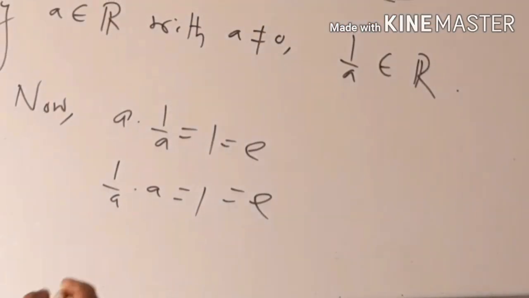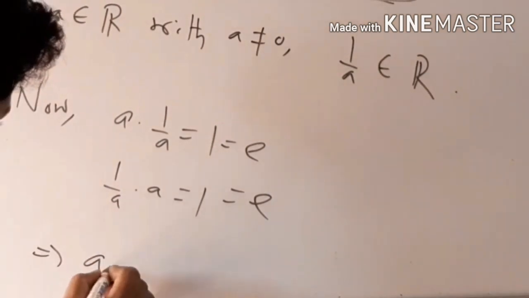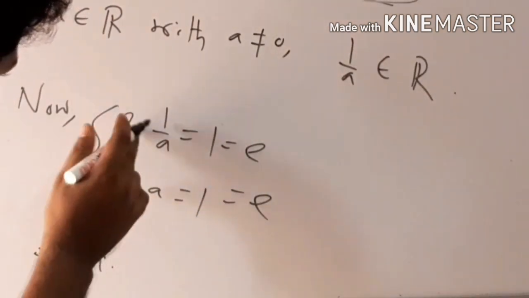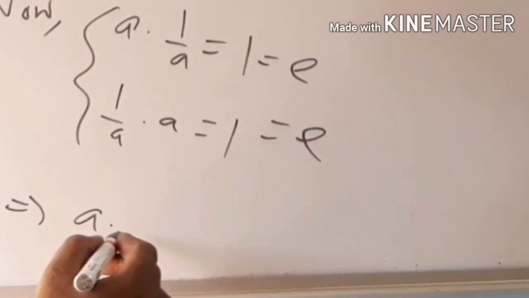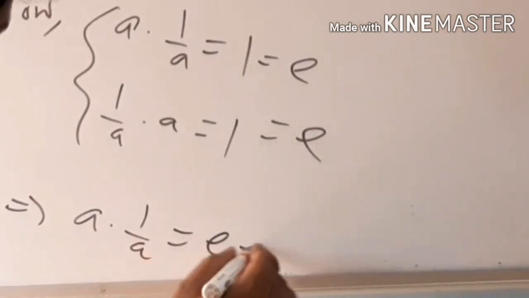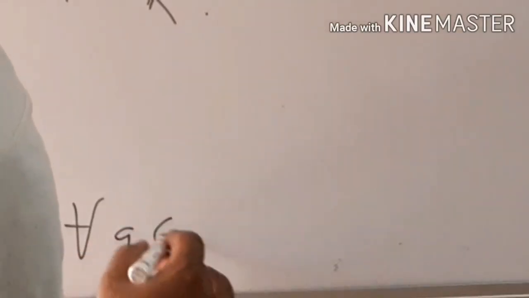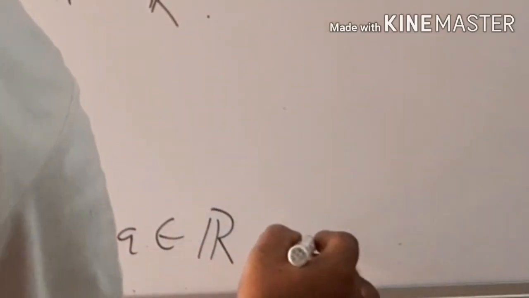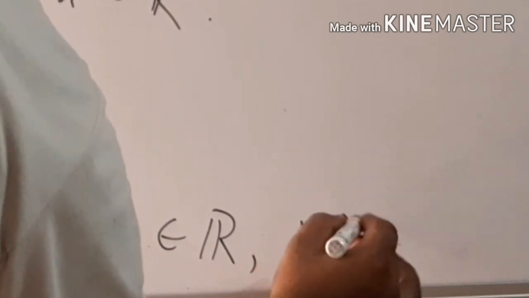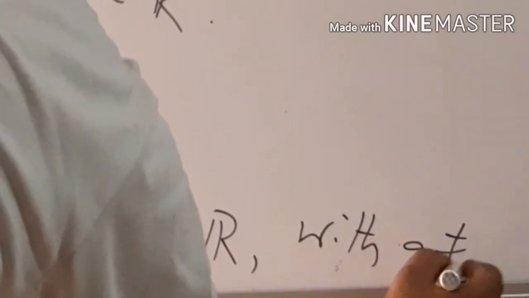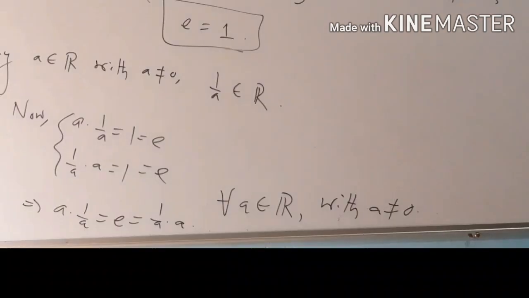So by combining these two we have A into 1 by A equal to E equal to 1 by A into A, and this is true for all A belongs to R with A not equal to 0.